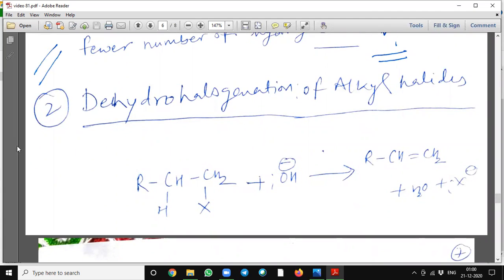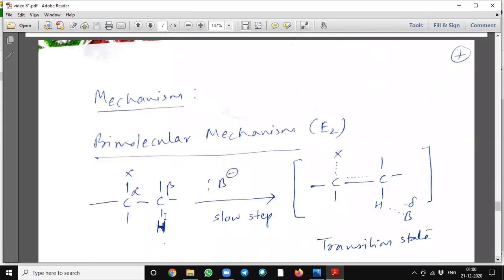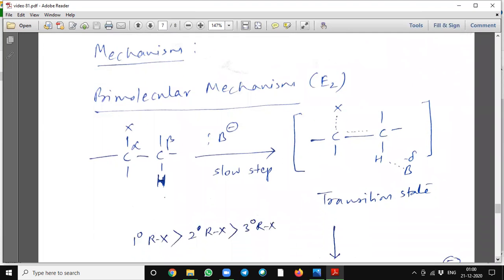Dehydrohalogenation of alkyl halide, the second method of formation of alkene. Hydrogen halide is eliminated in presence of a strong base. There are two types of mechanism here also, E1 and E2. E2 means bimolecular.